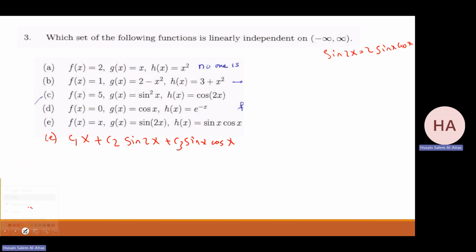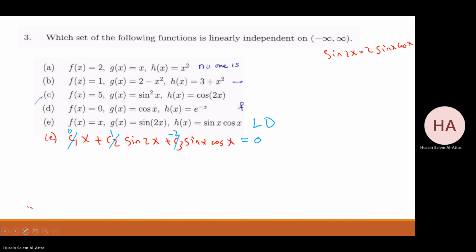With that in my mind, I can write this as 1, so I have 2 sine x cosine x, write this as minus 2, and this make it 0. So I have 2 sine x cosine x minus 2 sine x cosine x. For sure, that will be equal to 0. So this is linearly dependent.